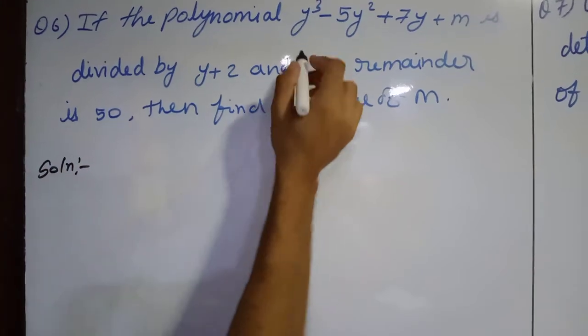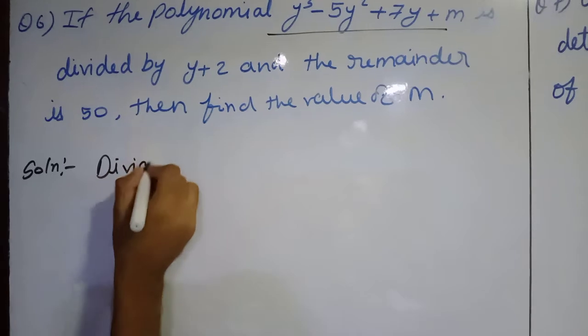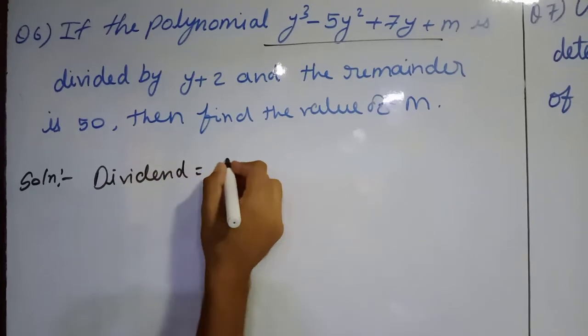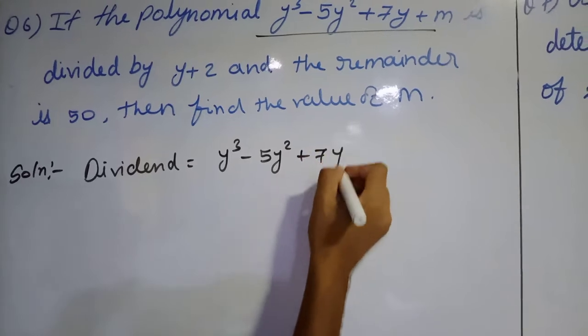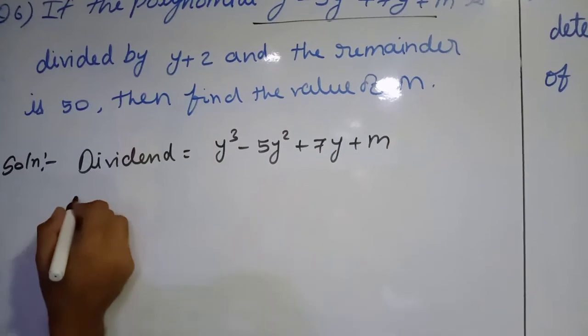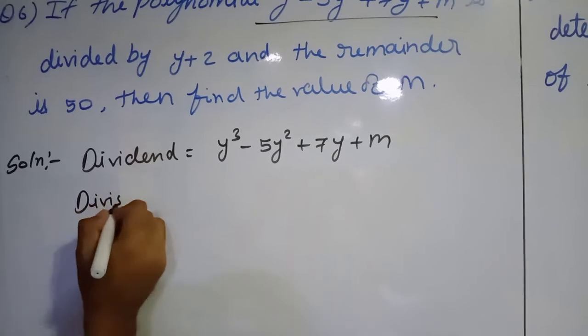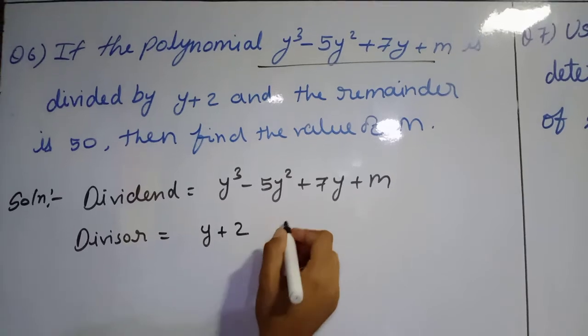Here we have this dividend. Dividend is equal to y cube minus 5y square plus 7y plus m, divided by y plus 2. Therefore divisor is equal to y plus 2.